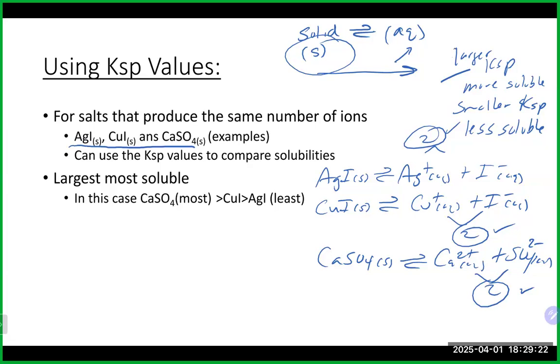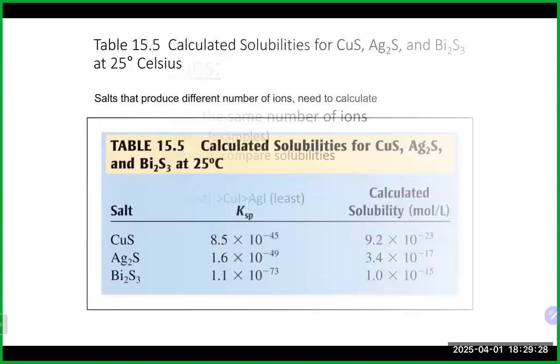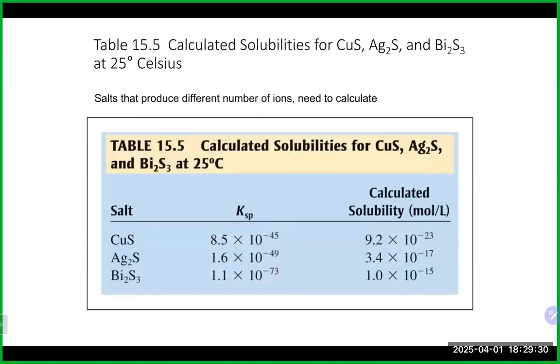Now, if you are comparing things that actually do not form the same number of ions, you do actually have to do the calculation. So, for example, if we take these guys in comparison, this is copper 2 sulfide, and that's going to give you a copper 2 ion and a sulfide ion. That is 2 ions there. You're going to take your silver sulfide.